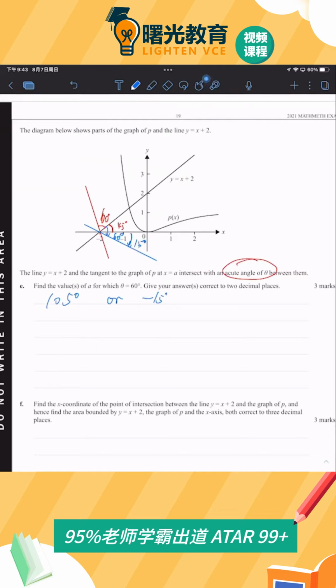Now you need to consider that our derivative of the A, which is the gradient, is equal to the tangent 105 degree or tangent negative 15 degree.